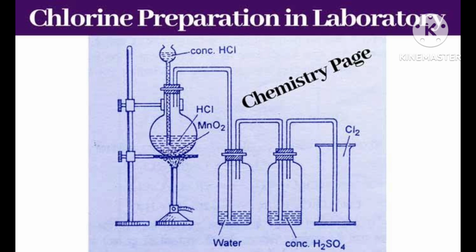Second manufacturing method is the electrolytic method, in which oxidation and reduction take place. Chlorine is obtained by the electrolysis of brine.